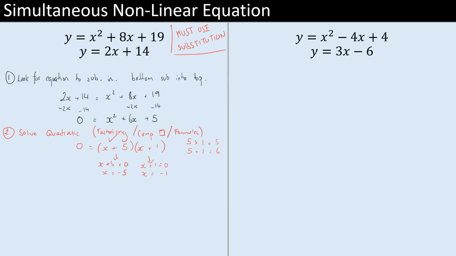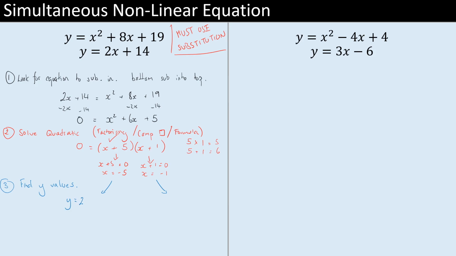So now we have one thing left to do. We've got to find out our y values. Okay. So we may as well use that bottom formula because it's simpler and it already says y equals something. So we're going to use both x values in that formula to find out what our y values are.